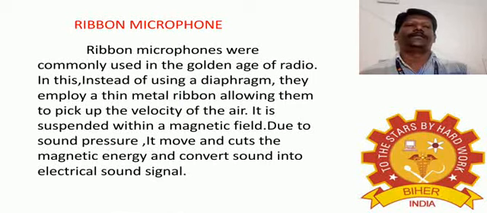Instead of using a diaphragm, they employ a thin metal ribbon, allowing them to pick up the velocity of the air. It's suspended within a magnetic field. Due to sound pressure, it moves and cuts the magnetic energy and converts sound into an electrical sound signal.